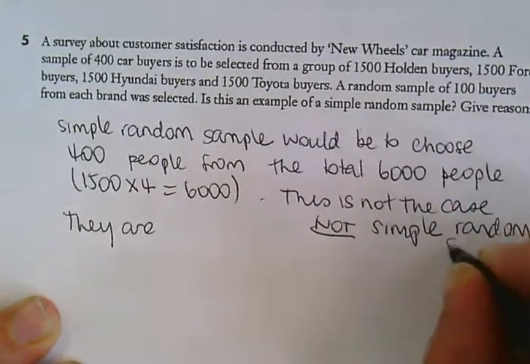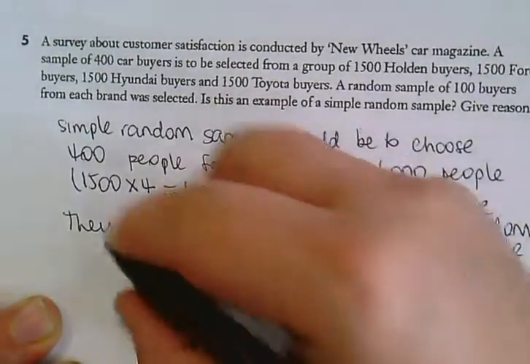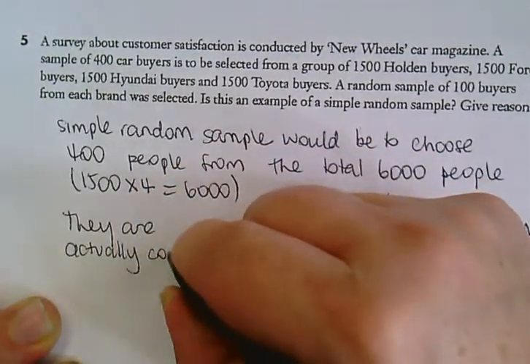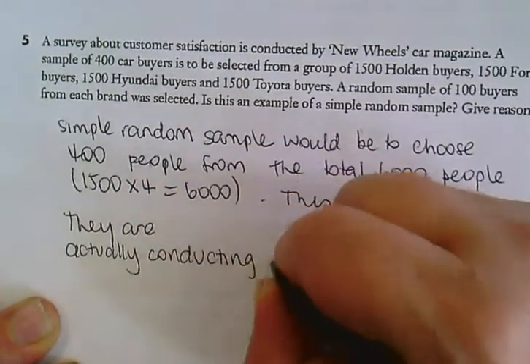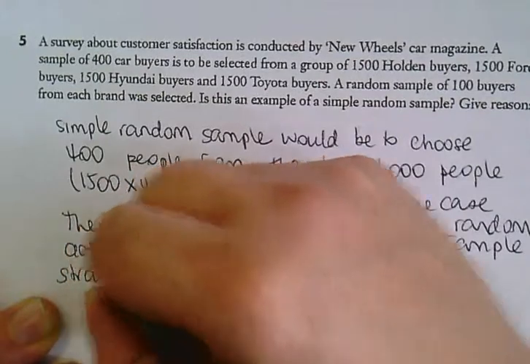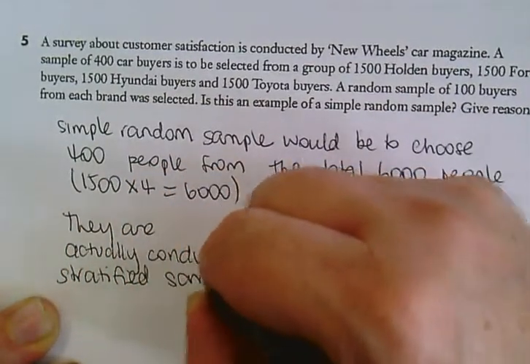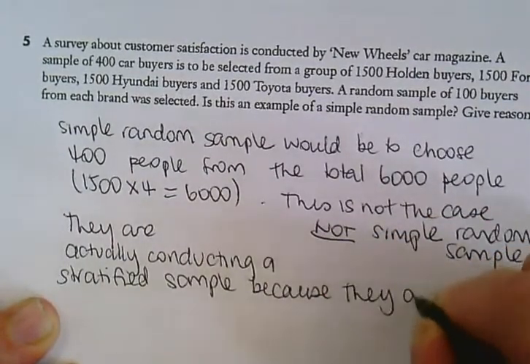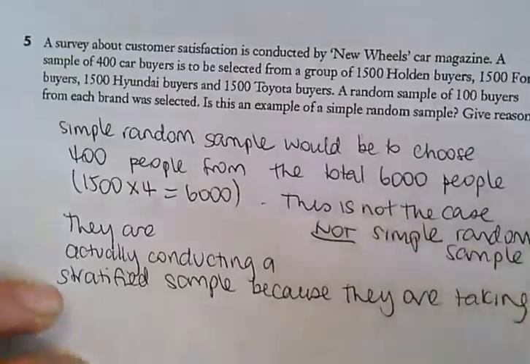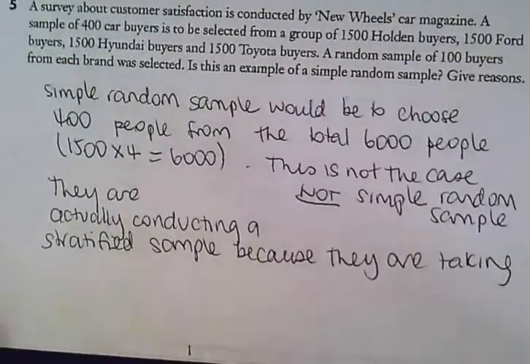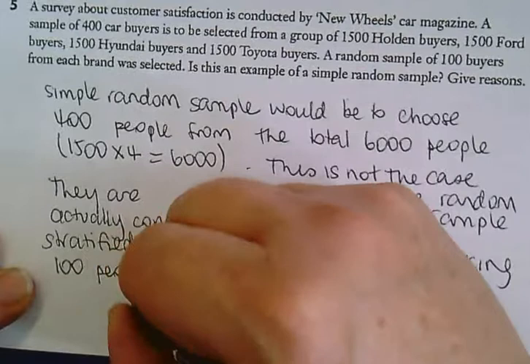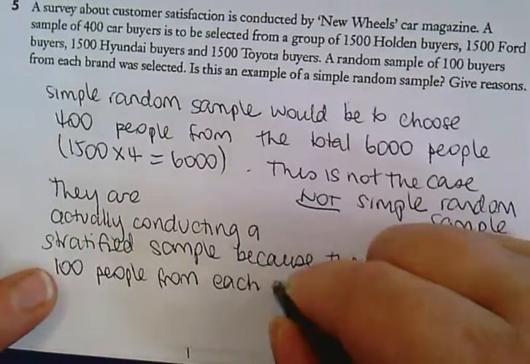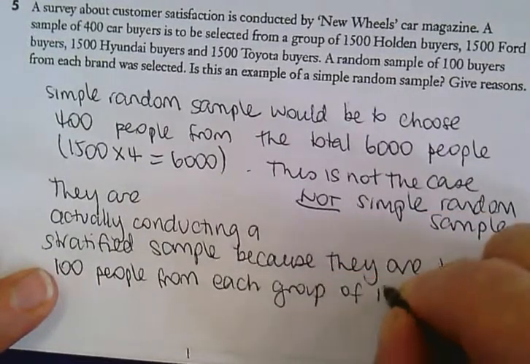It's not a simple random sample. They are actually conducting a stratified sample because they are taking the same percentage from each group. They are taking 100 people from each group of 1,500.